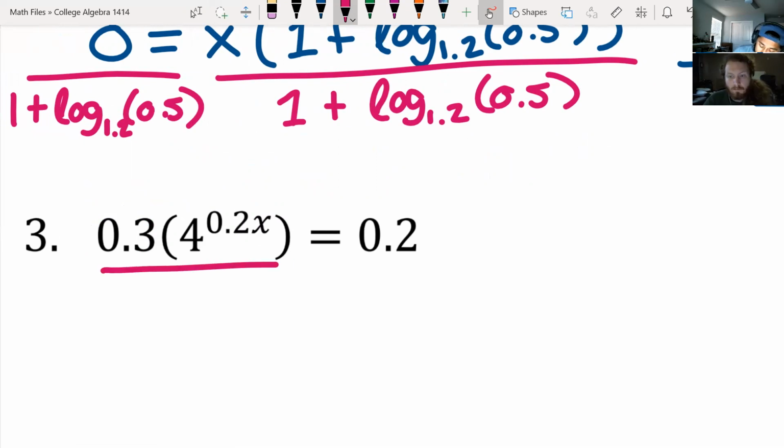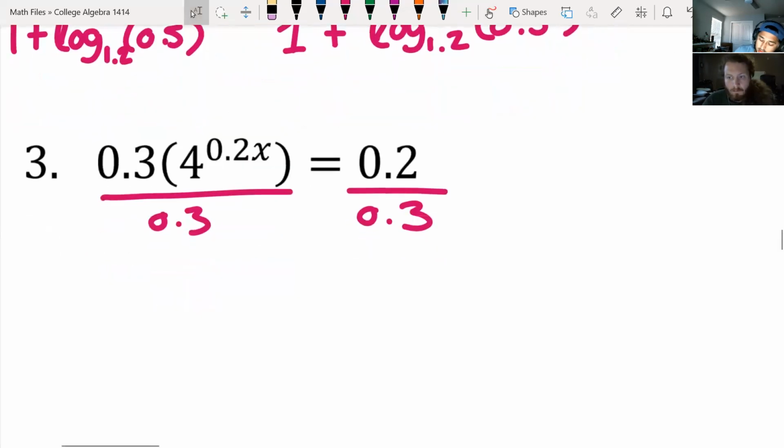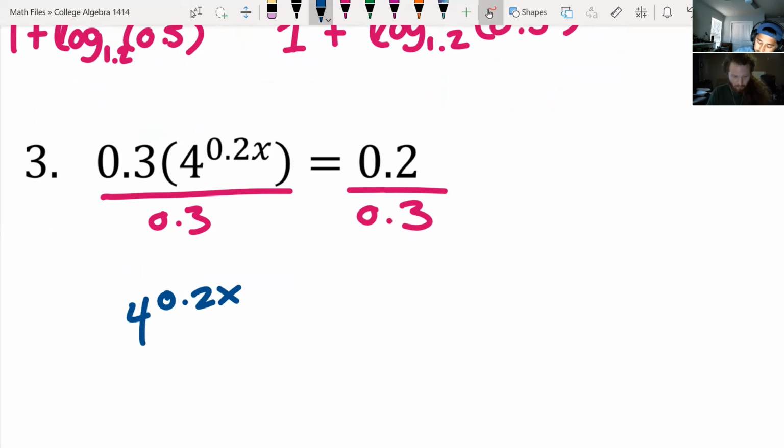So we're going to divide by 0.3. And what we're left with is 4 to the 0.2x equal to 0.2 over 0.3. Or if you know your decimal trick, this just becomes 2/3.